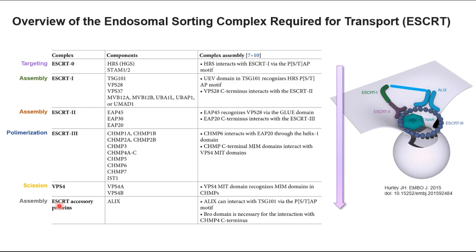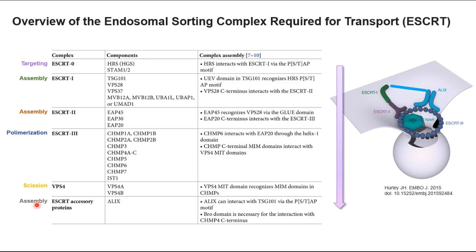So, to sum up the slide, which is a bit complex: we have the components of the whole ESCRT machinery, and we have some different subcomplexes. One of them is ESCRT 0, the other one is ESCRT 1, and the other one is ESCRT 2, and all of them serve to recruit the other components of the ESCRT machinery, which is ESCRT 3 and the ATPase VPS4, which is responsible for performing the excision of the vesicle mediated by the ESCRT complex.